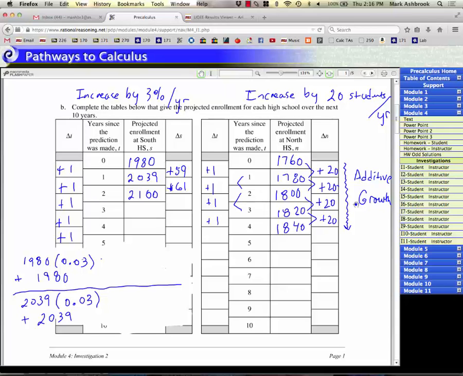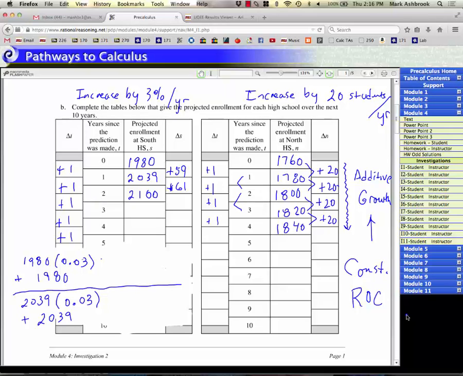Every time you increase the input by 1, you increase the output by 20. Every time you increase the input by 3, you increase the output by 60. Right? This is constant rate of change. So we can think of constant rate of change as additive growth.